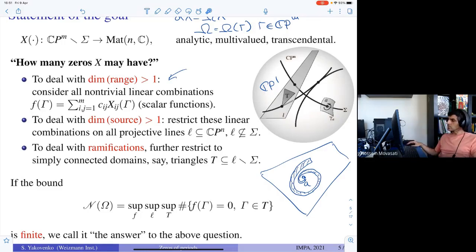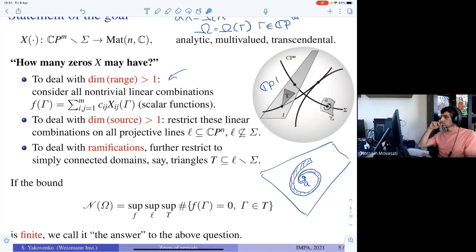So the singular point may well be on the boundary of a triangle, on its side, or on its vertex. So all this is legitimate. I want to have a uniform upper bound. And if this uniform upper bound exists, I say that my problem has a finite solution. And if I can compute this upper bound, I would say that this will be the answer to the problem of counting zeros.